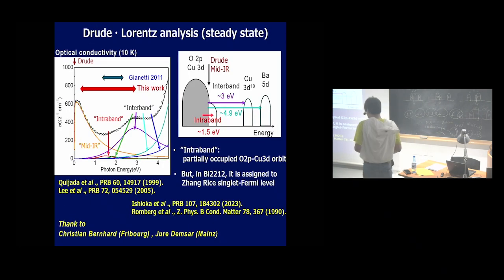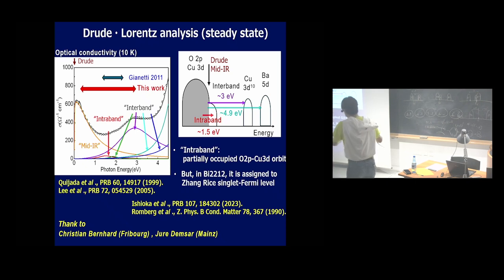Okay, we would like to discuss this transient reflectivity. We use a phenomenological analysis using the Drude-Lorentz analysis, which has been used to analyze the steady state reflectivity or the optical conductivity spectrum.